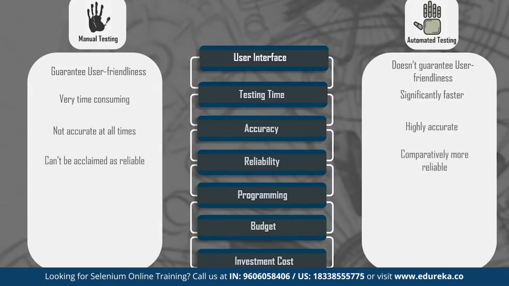And then comes reliability. Manual testing is completely dependent on humans, like I've been saying since we started the topic. Hence, it cannot be acclaimed as highly reliable. But automation testing is comparatively more reliable as tools execute the test cases which are formulated by testers. Again, humans are involved, but they are using tools to perform the test, so the reliability is high in case of automation.